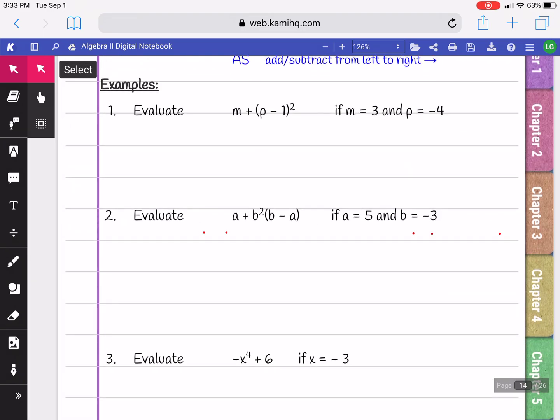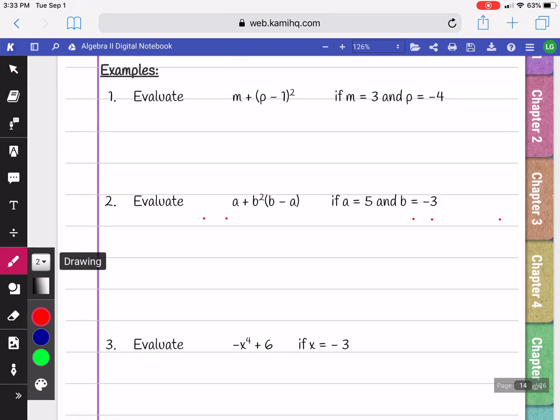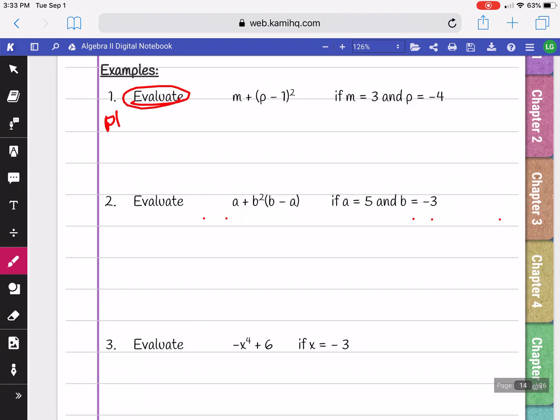Let's move on to some examples. So here, our first example, we're going to evaluate m plus p minus 1 squared. Anytime you see the word evaluate, that means to plug in a number for your variable and simplify.